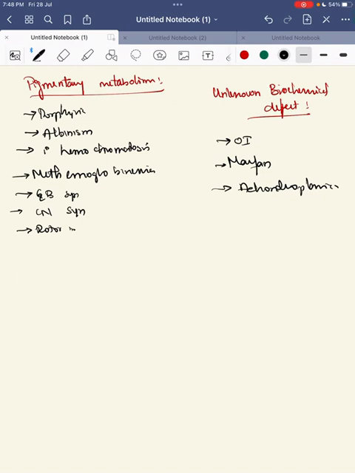Next, we will see in which infant or newborn you have to suspect an inborn error of metabolism.